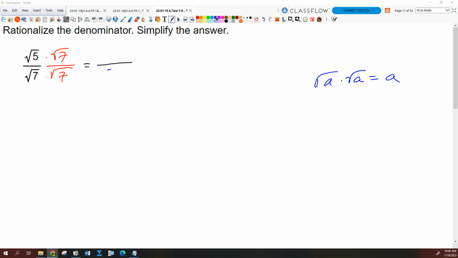So on the bottom, I get a 7. On top, I've got 2 inside numbers being multiplied, so inside the square root, I get a 35. And that's it. I can't simplify the square root of 35. There's no couples when I factor 35, right? Okay.